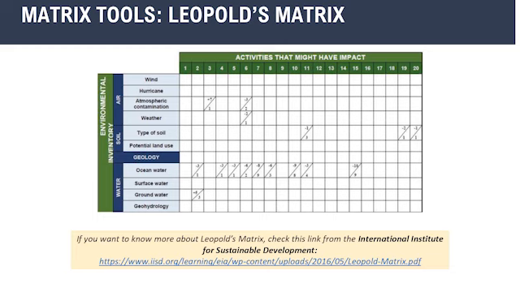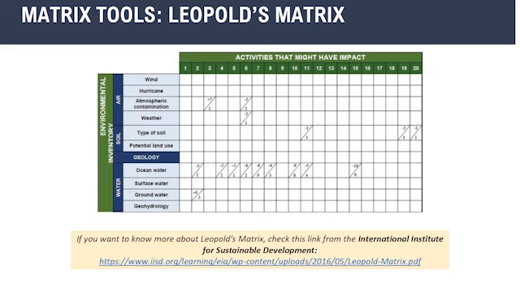So the matrix consists of the following components: identification of the project actions that are involved and the components of the affected environment. Then in the boxes, we have a subjective estimation of the magnitude of the impact on a scale of 1 to 10, being positive or negative, and you put a positive or negative sign in order to reflect the magnitude of the impact or the disturbance.